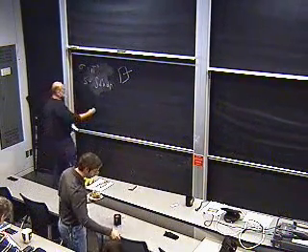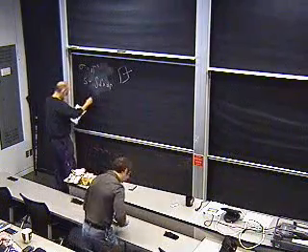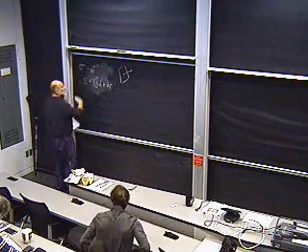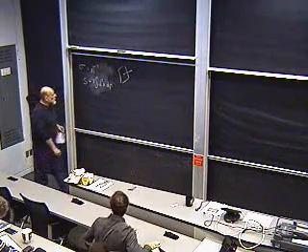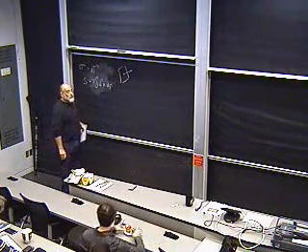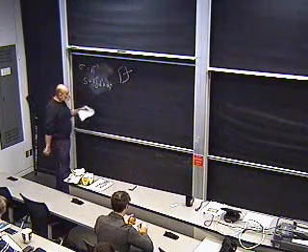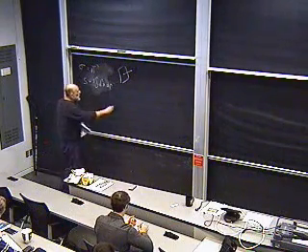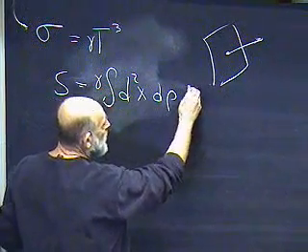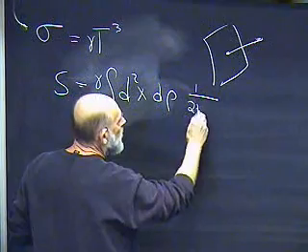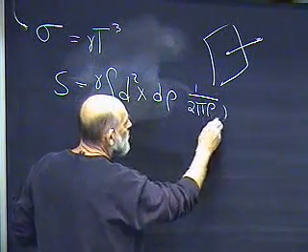And the entropy density contains gamma, and it contains the third power of the temperature, the third power of the proper temperature, the real temperature that a thermometer would measure at a point rho. The last time we worked out that near the horizon, the proper temperature is 1 over 2 pi rho, and we have to cube that.